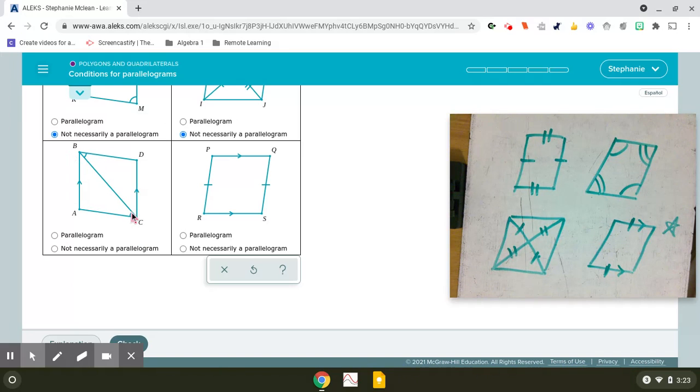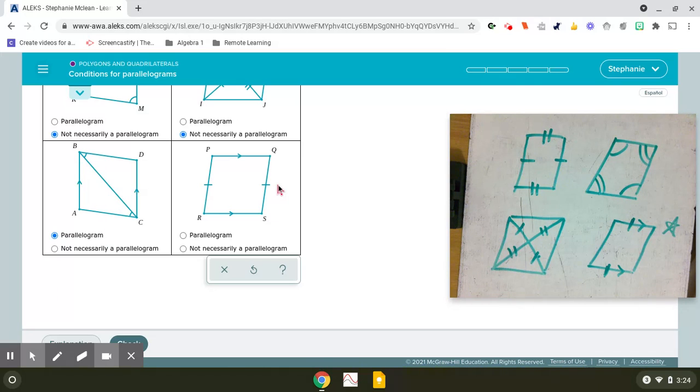Because these angles are congruent, the sides opposite them, so across from C would be the side AB, so this side is congruent to this side. So this one is actually a parallelogram. If my angles were on the other sides there, this would not have worked.